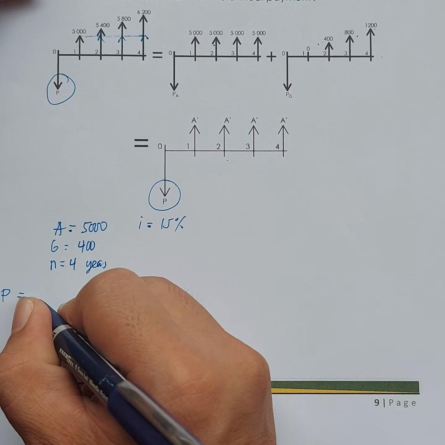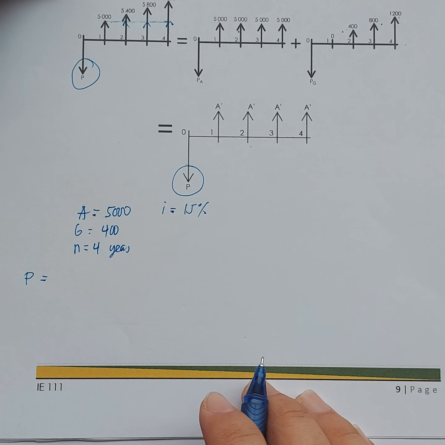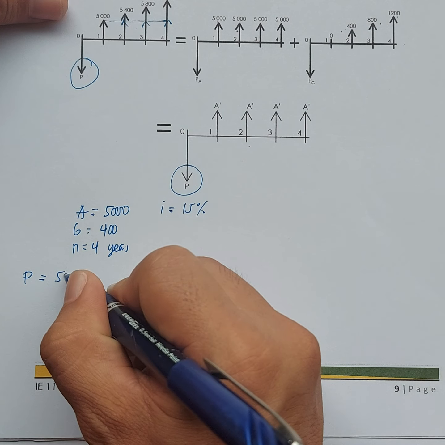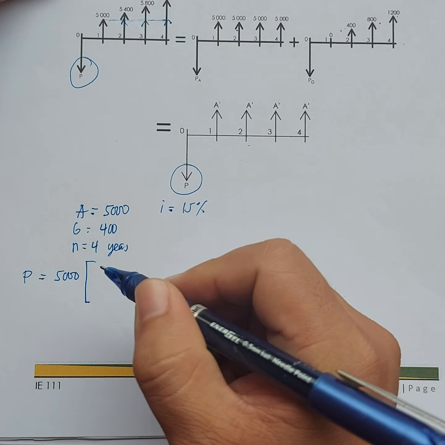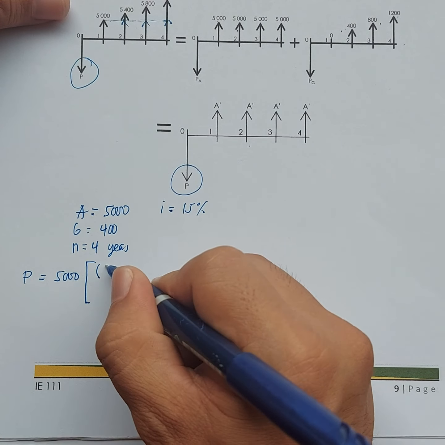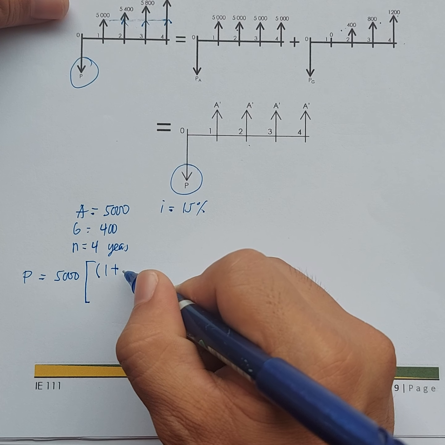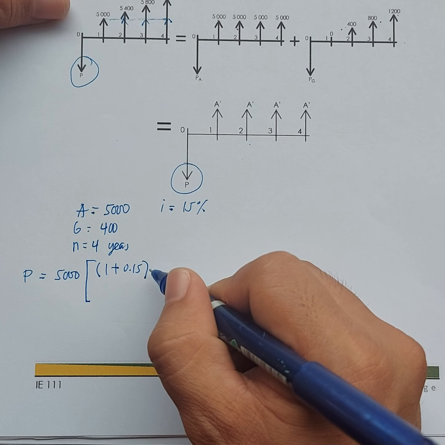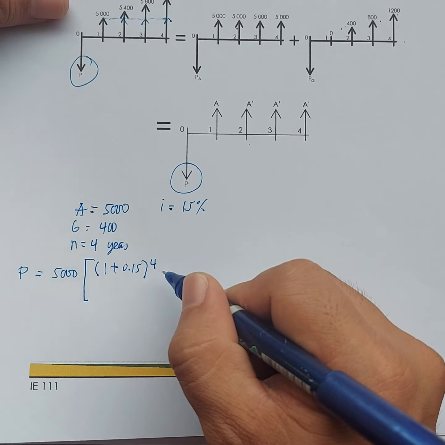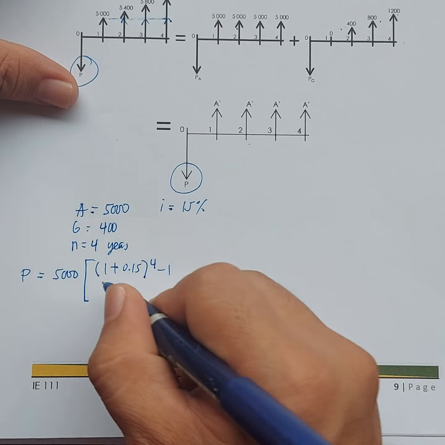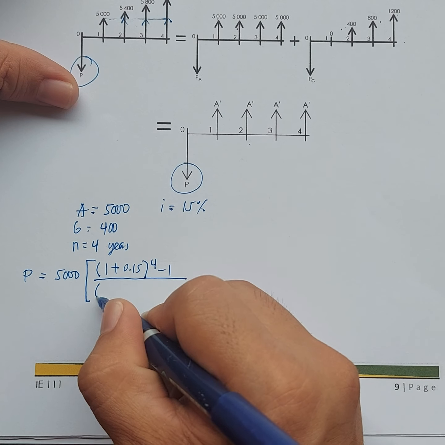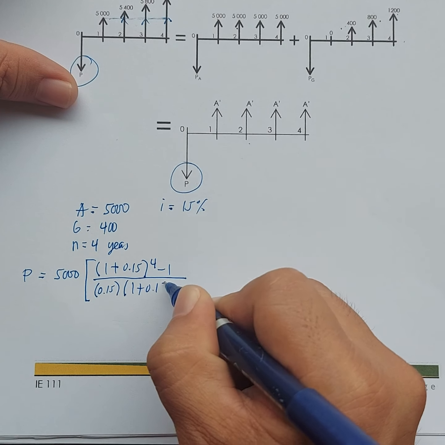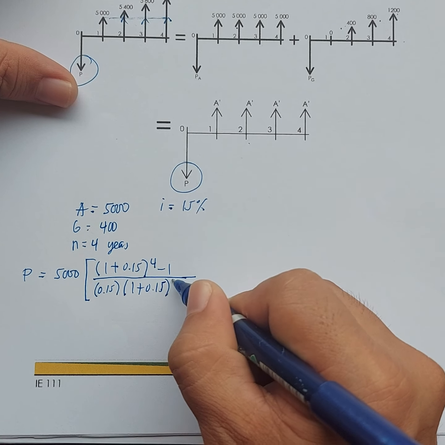P is equal to, let's start with PA first: 5,000 times 1 plus i, which is 15%, raised to n, which is 4, minus 1, divided by i, 0.15, times 1 plus 0.15 raised to 4.